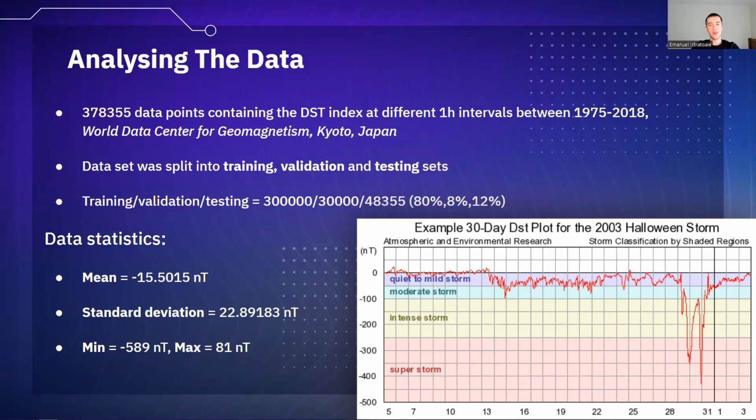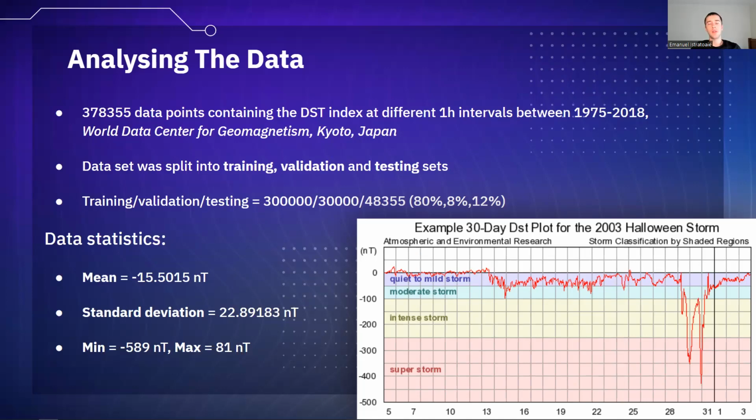We used a time series dataset of over 370,000 data points from the years 1975 through to 2018. The data was divided into 3 sets: training, validation, and testing, which included roughly 80%, 8%, and 12% of the data respectively.